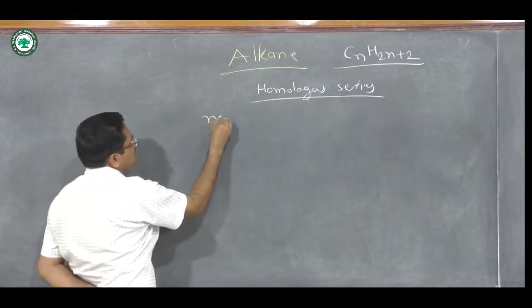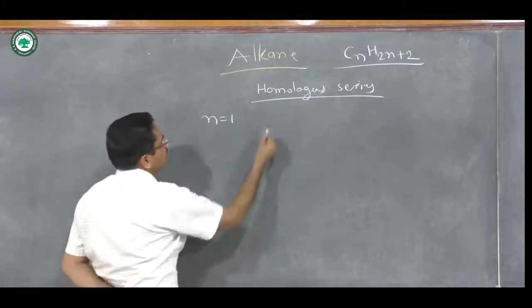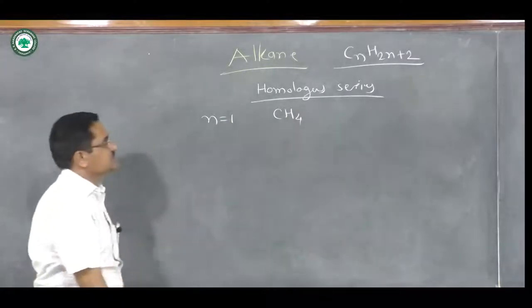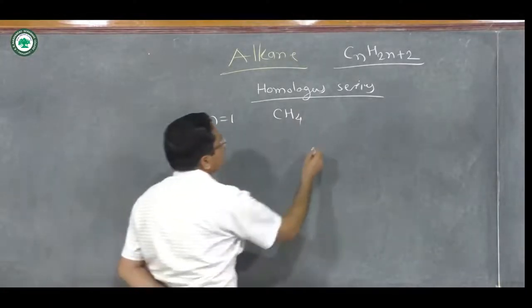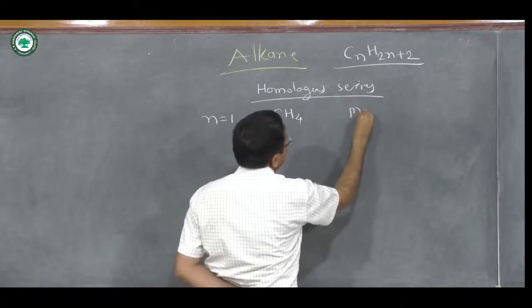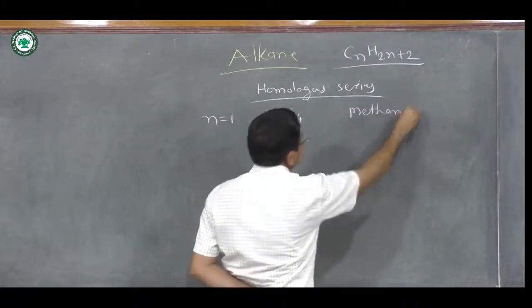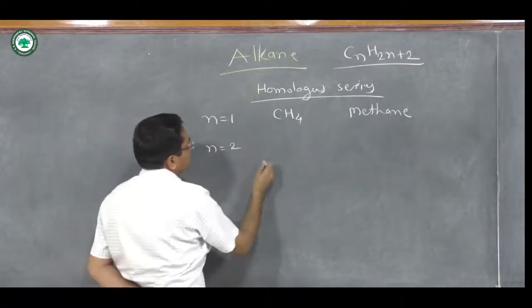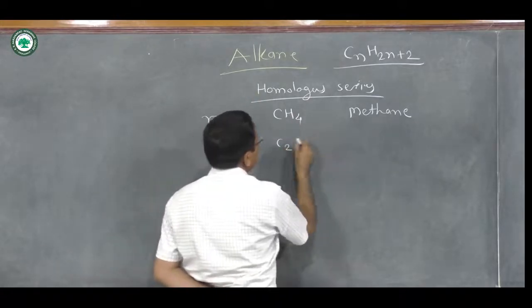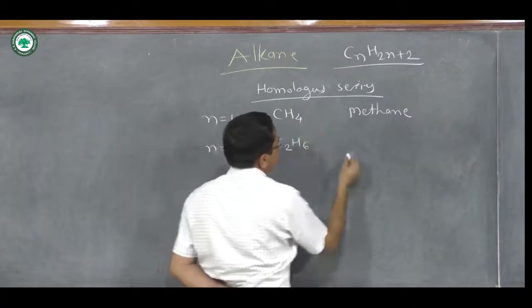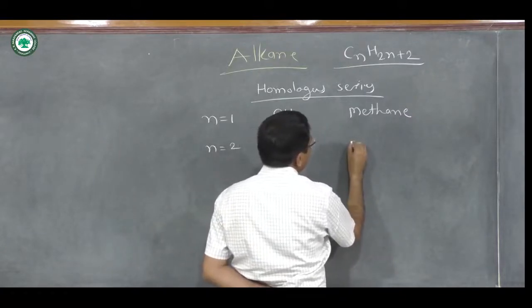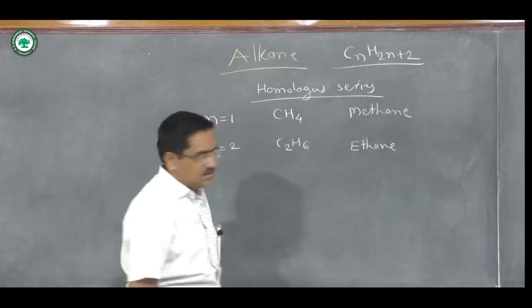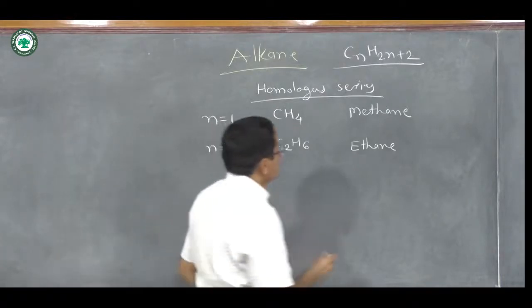Suppose n equals 1, then the first member is CH4 and the name of this compound is methane. And suppose n equals 2, then C2H6 and the name of this compound is ethane.